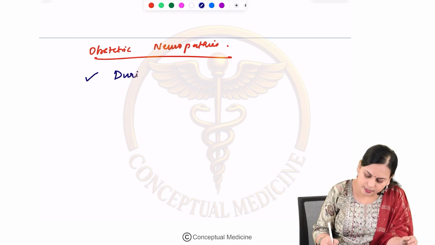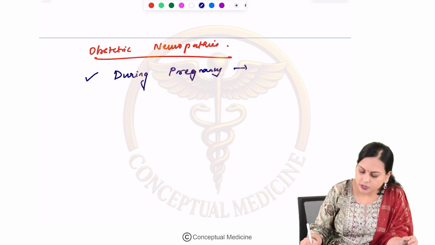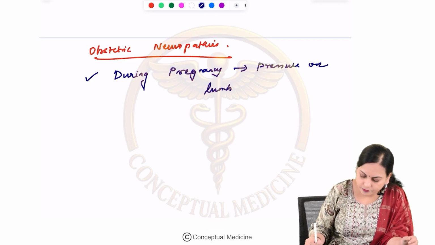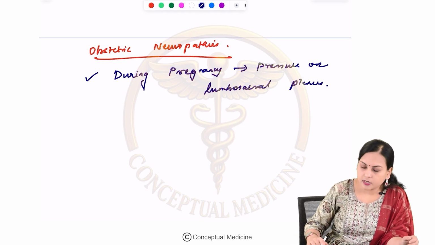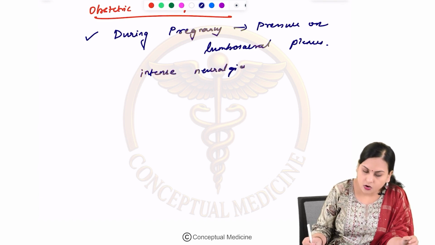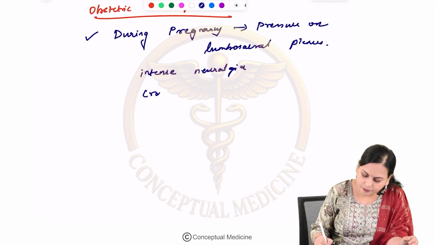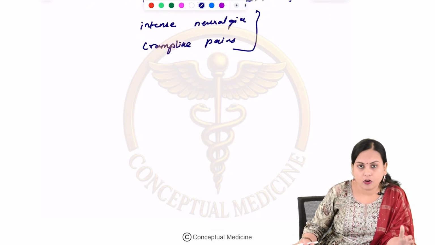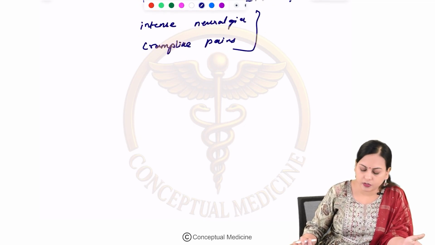So, during pregnancy there is pressure on the lumbosacral plexus, and this will be manifesting as intense neuralgia or cramp-like pains that extend down from one leg, or it may involve both the legs as well. Okay.